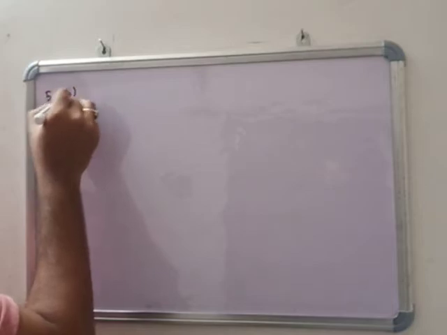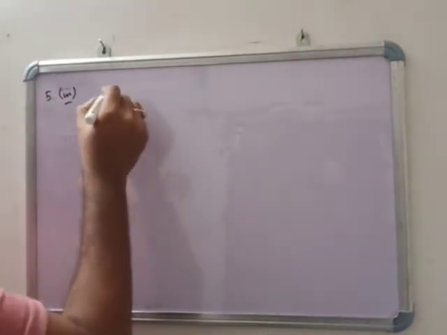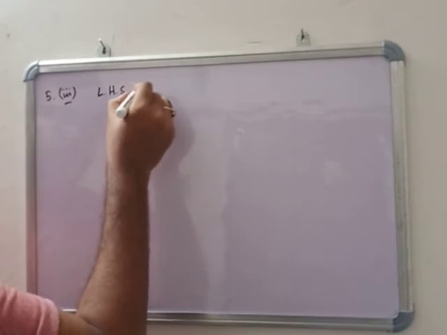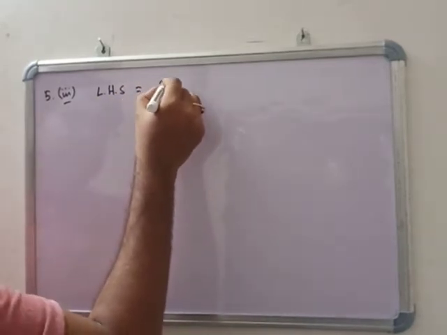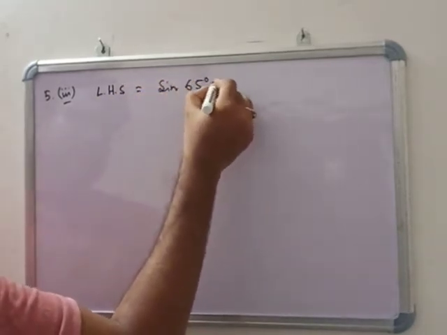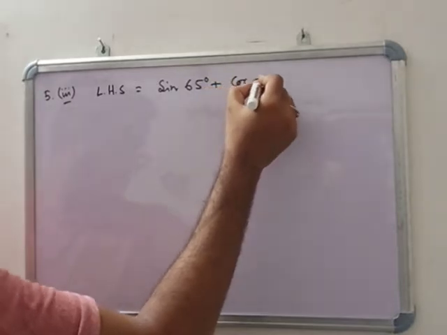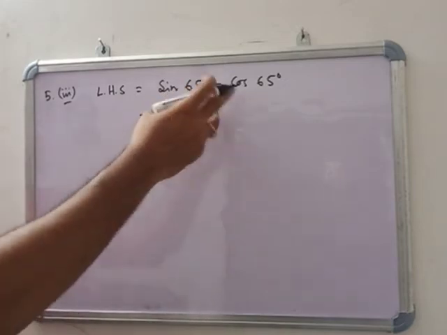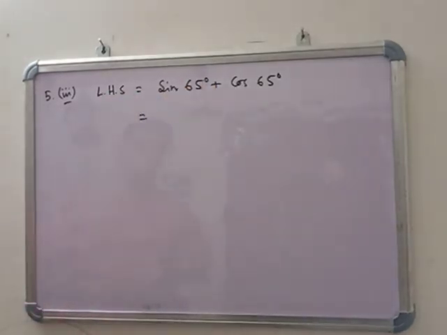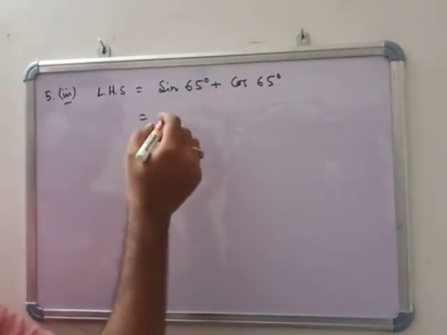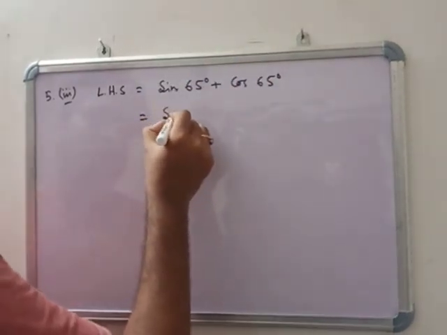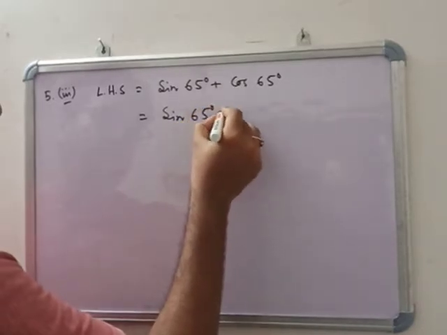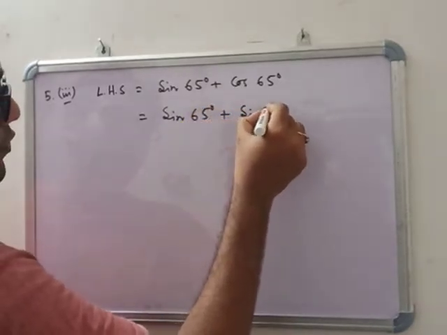In 5.3, see that sin 65 degree plus cos 65 degree. So sin C plus cos D, no formula is there. So you have to transfer any one to the sin or cos. So sin 65 plus sin 25.